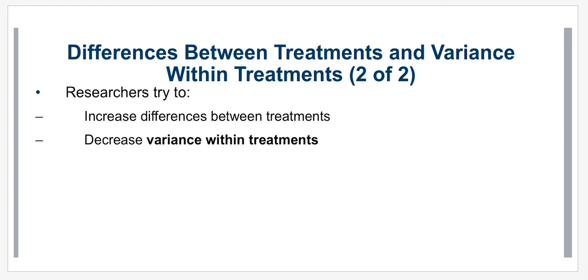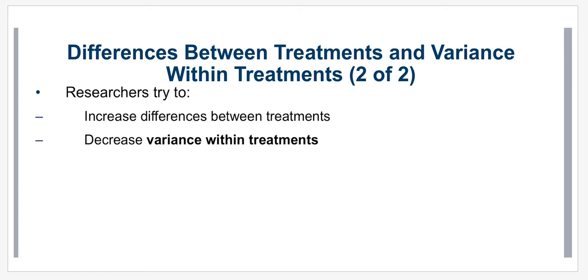So an example they give is the color of a room impacting mood. To increase the differences between the treatments or between the groups, you wouldn't want to have different shades of the same color, like a light green and a dark green, and then say we want to see if the color of the room affects mood.